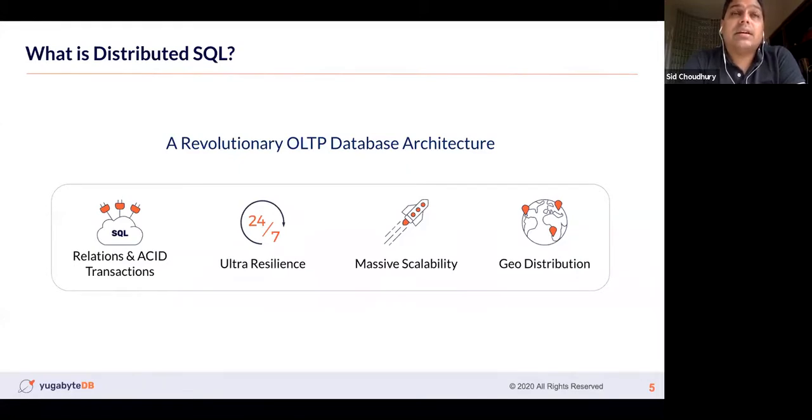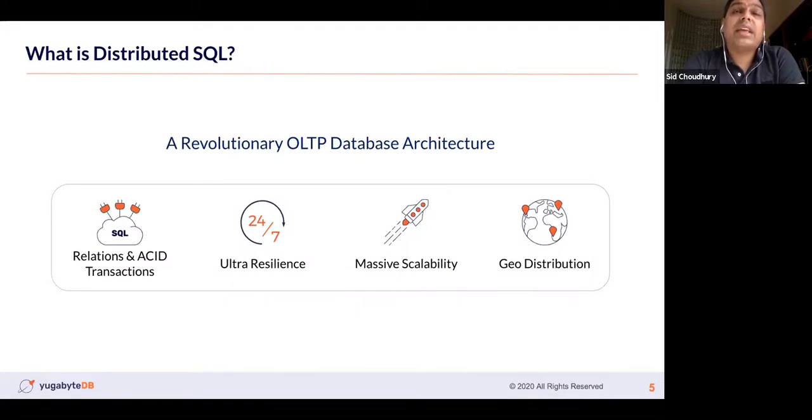First is the ultra resilience benefit, which is about natively healing the cluster of the database when there are failures happening at the disk level, at the node level, at zone, at region, at cloud, across the board. We live in the cloud native era today where failures are essentially omnipresent. So the ability to tolerate these failures automatically is a big plus for distributed SQL.